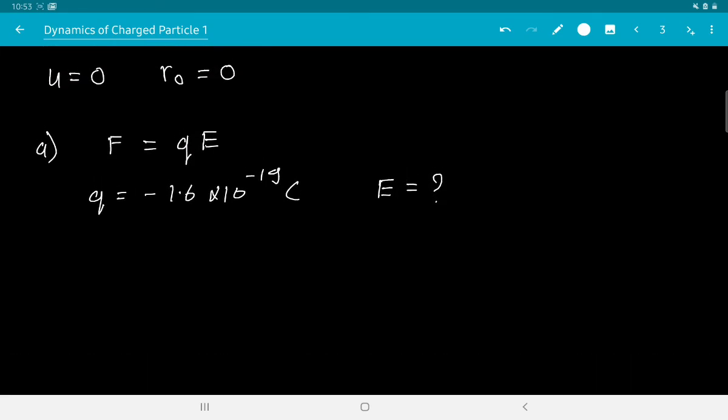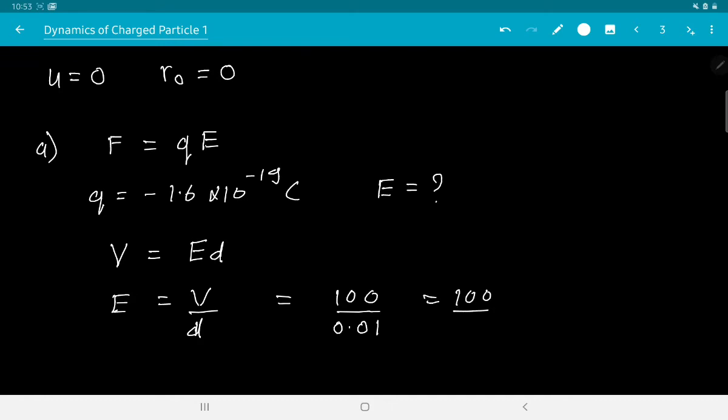So from this we will have to first find the electric field. If you remember, we will be using this equation: potential difference is equal to electric field into the distance between the plates. So electric field will be equal to potential difference divided by d, the distance between the plates. That is 100 divided by 0.01, or 100 divided by 10 raised to minus 2.